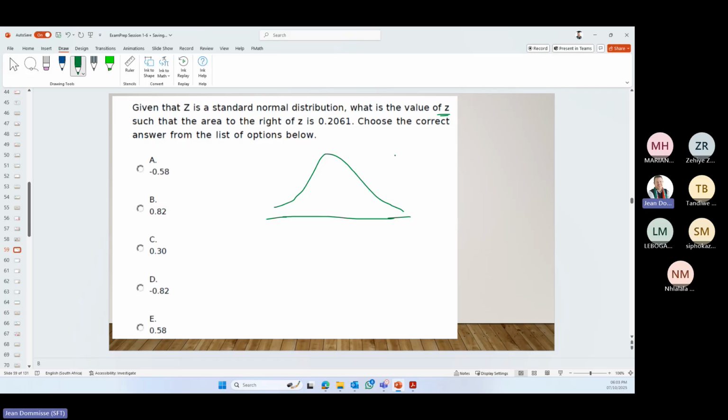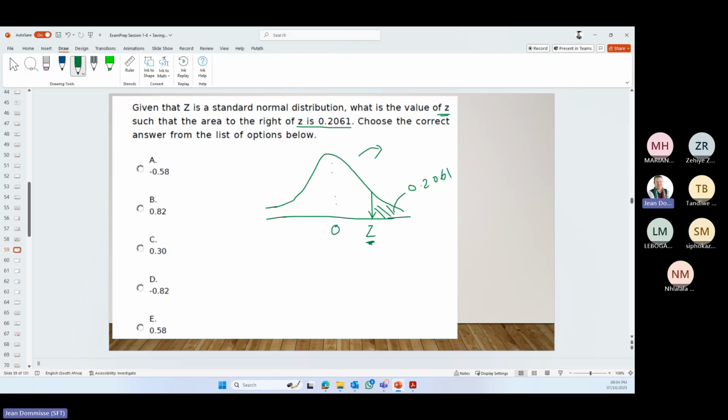In here they say such that the area to the right of Z is 0.2061. Okay, so here is 0. To the right is to this side. So wherever this Z is, whatever is to the right of this is 0.2061.